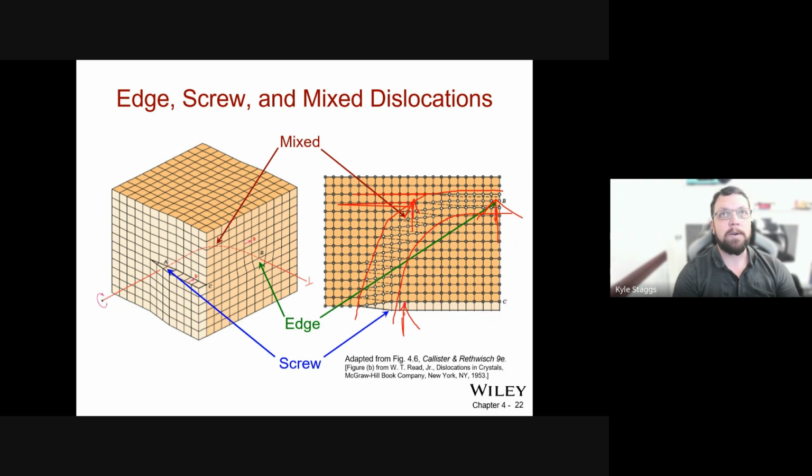Because the pattern doesn't continue, right here is where the pattern changes, and it becomes primarily an edge dislocation. The screw dislocation sort of terminates here, and the edge dislocation takes over as the predominant issue there.